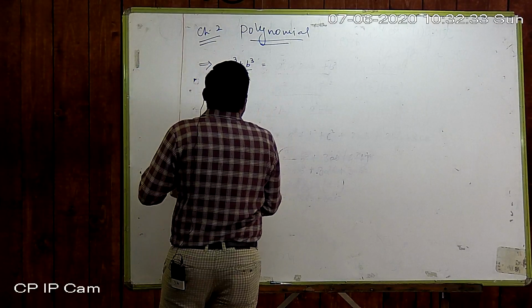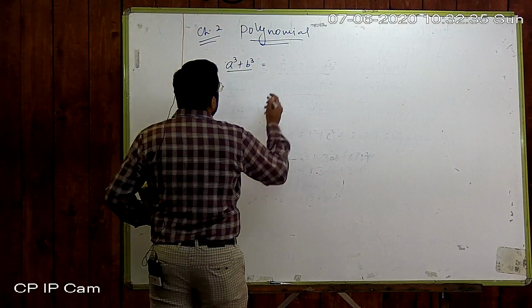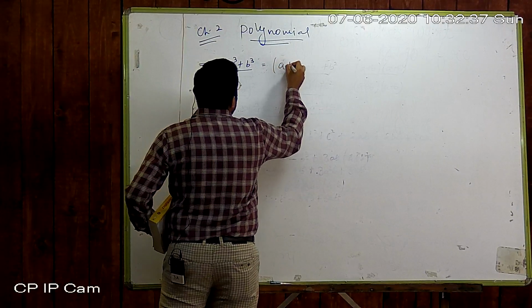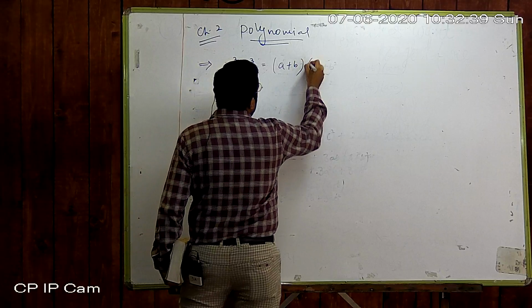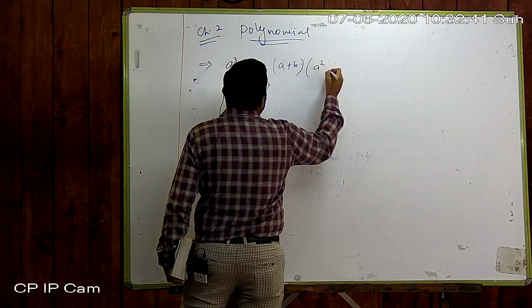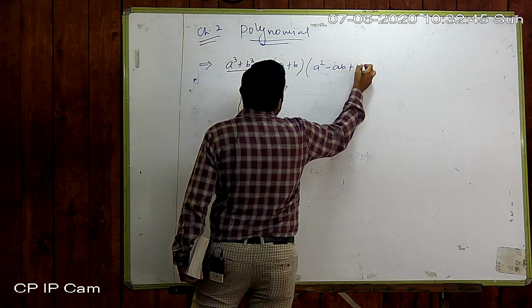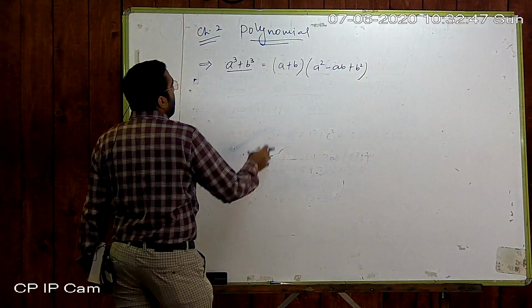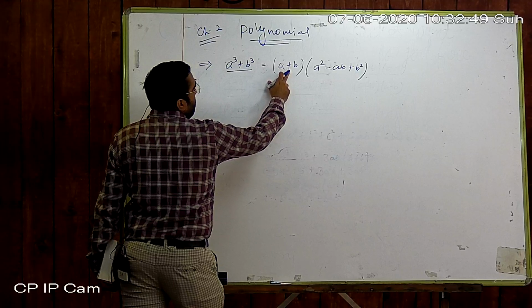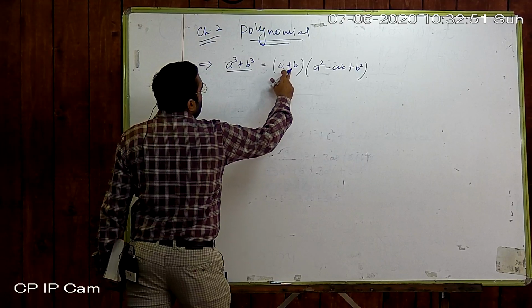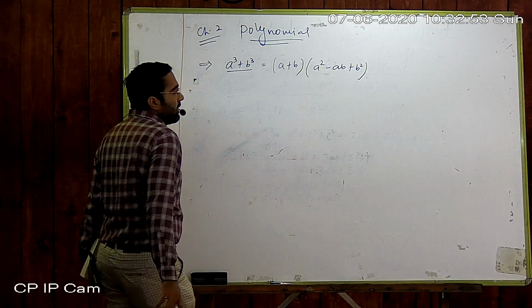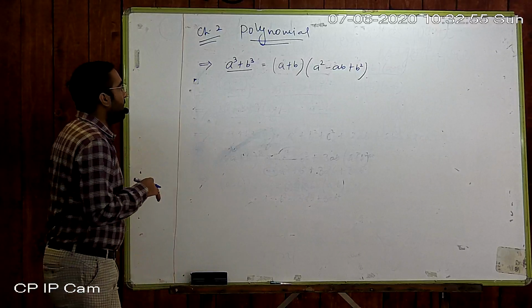So my formula is a plus b and in the second bracket a square minus ab plus b square. If you take plus in the first bracket, then you must take minus in the second bracket as the first sign.